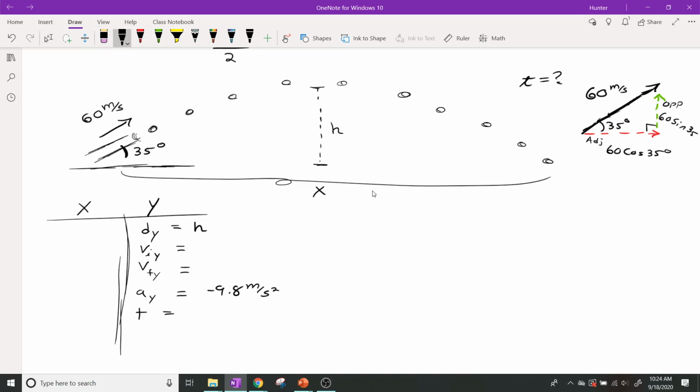Which one are we looking for? Y? So I want the 60 sine 35. Okay, what is it? 34.4 meters per second. Positive or negative? Positive. Okay, what is the VFY?